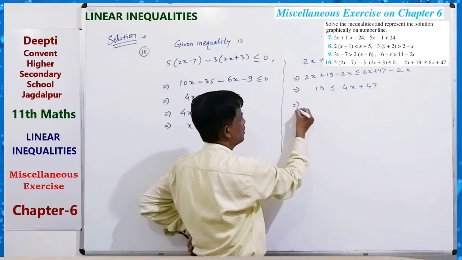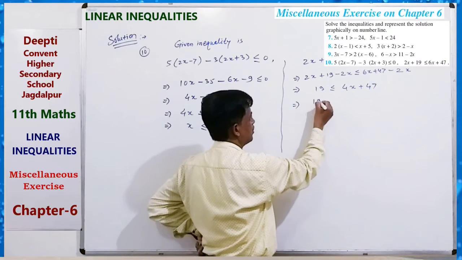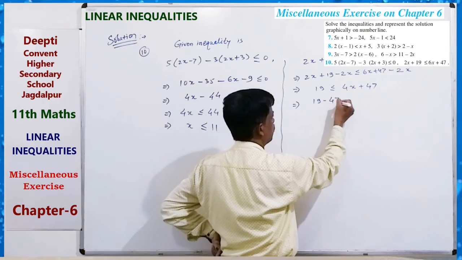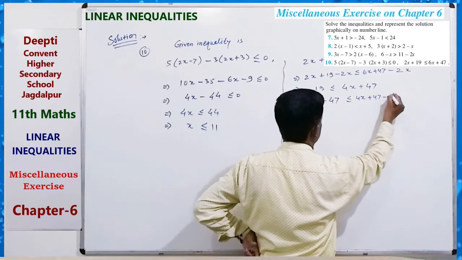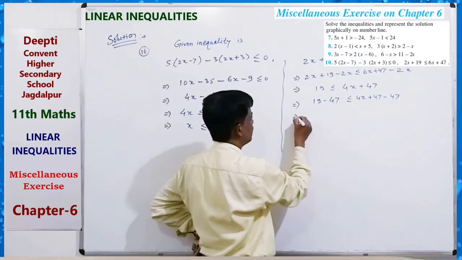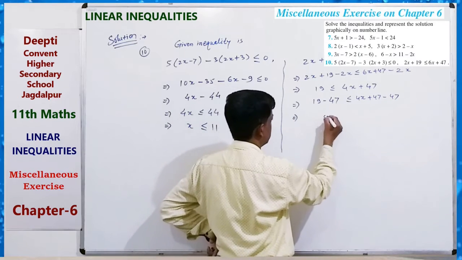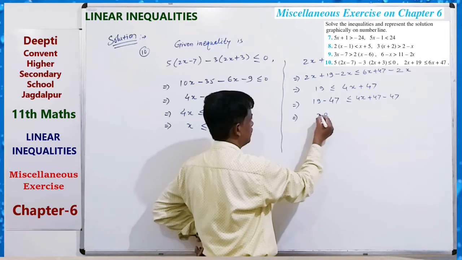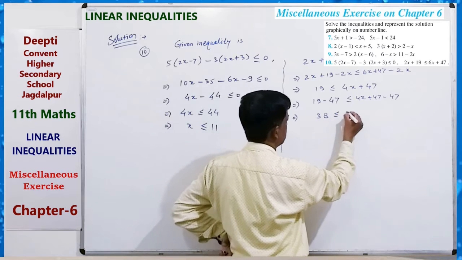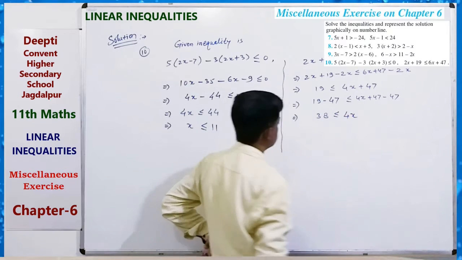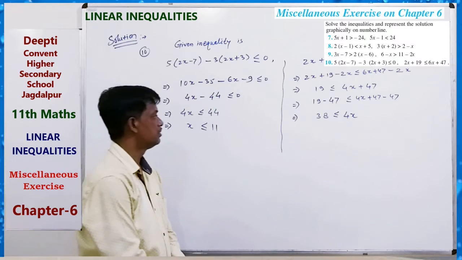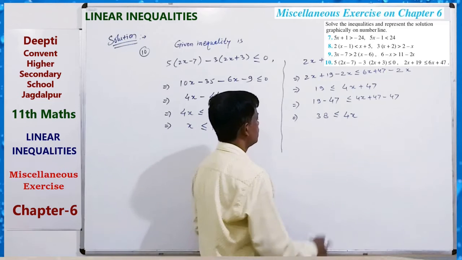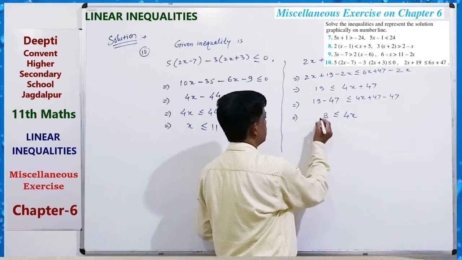Now subtract 47 from both sides: minus 28 is less than or equal to 4x.